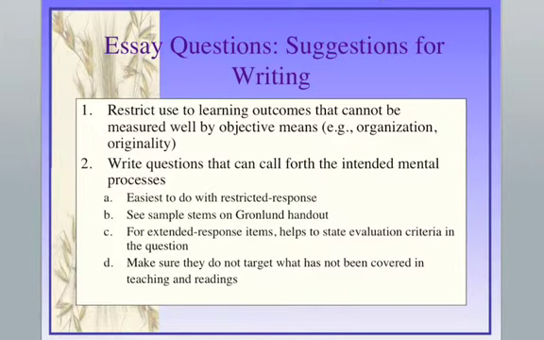If this is something that's really content-driven, it's unnecessary to use a constructed response item to measure something that is essentially content knowledge. Make sure you write questions that call forth the intended mental processes. This is easiest to do with the restricted response items. Okay, we want a particular item or particular theory. We write a question that is targeted exactly to that, and that's it.